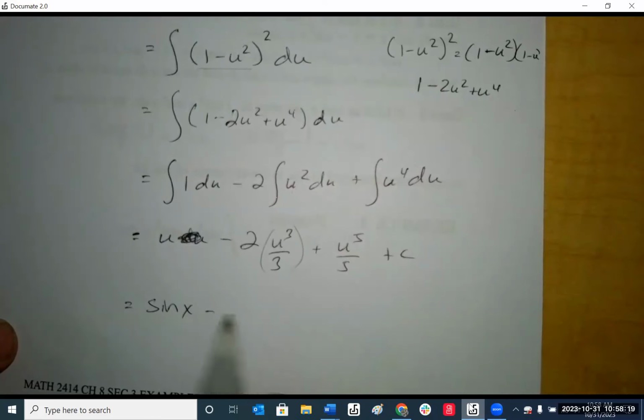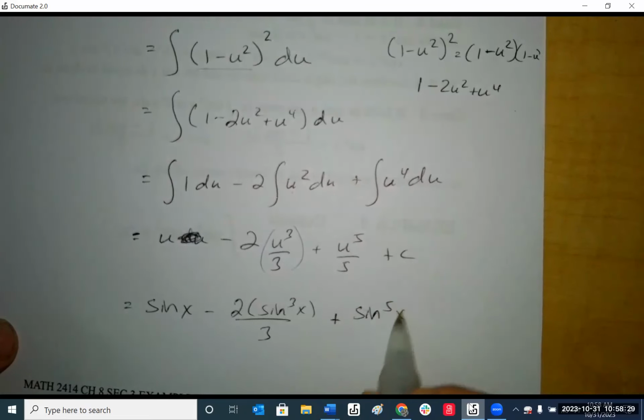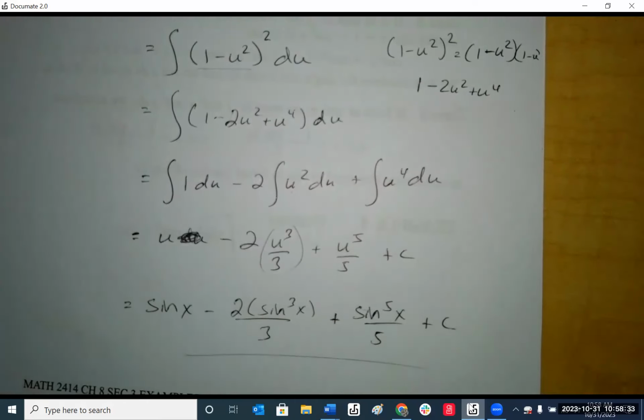So sine x minus 2 sine cubed x over 3 plus sine to the 5th x over 5 plus c. And there's that answer. It makes it much easier once you do the substitution and then just put it back in at the end. It makes it much easier to do it that way.